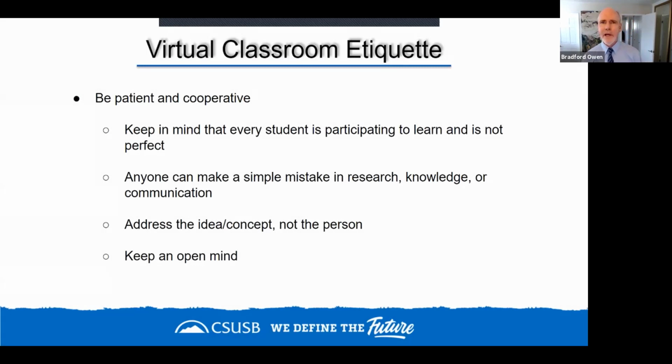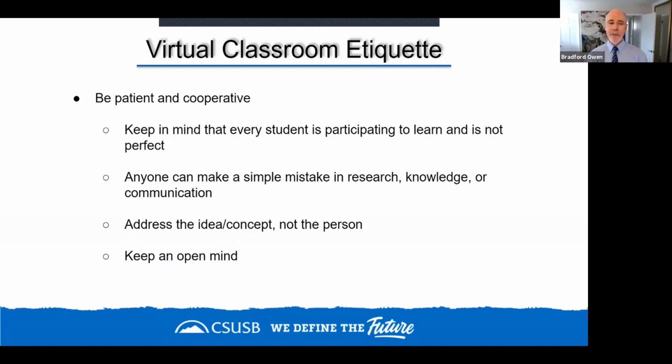Returning now to this theme of patience and cooperation, remember that all of the students in the course are students, and they're there to learn, and they may make mistakes. Again, this idea of forbearance, of refraining from being overly reactive or confrontational.